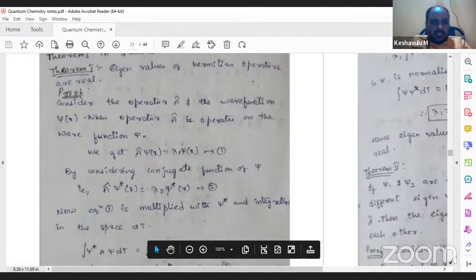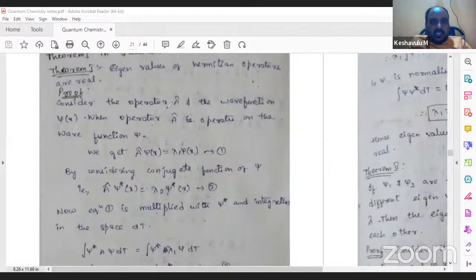So what it explains: consider the operator A and the wave function psi of x. Simply apply the eigenfunction concept. Operator A operates on psi, we will get lambda 1 into psi. Lambda 1 is the eigenvalue.